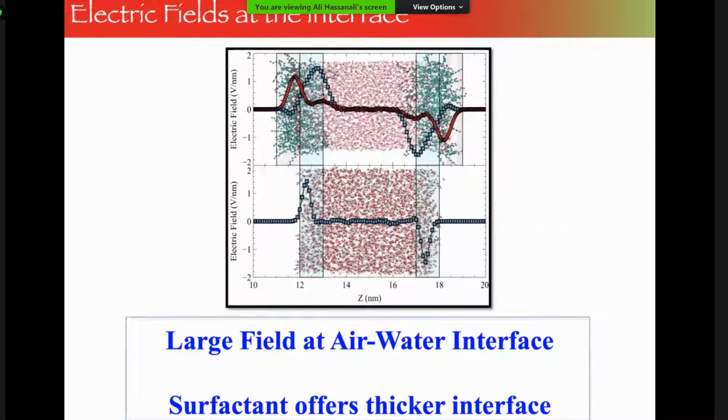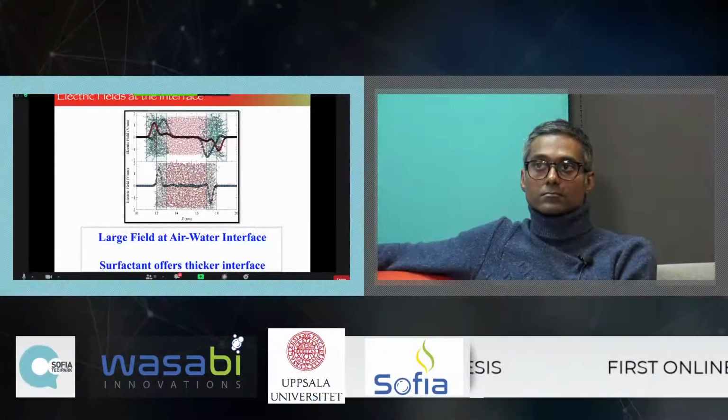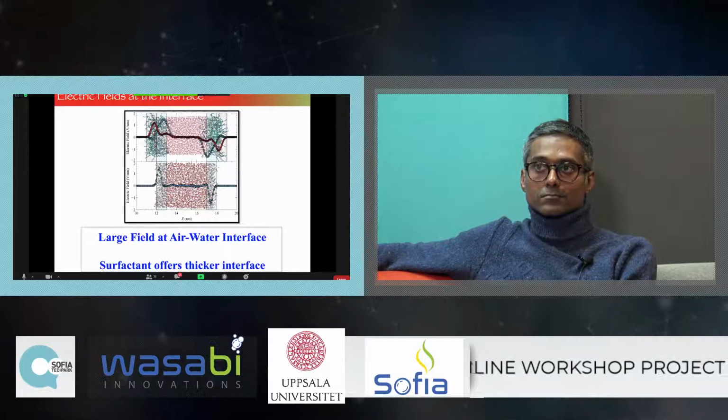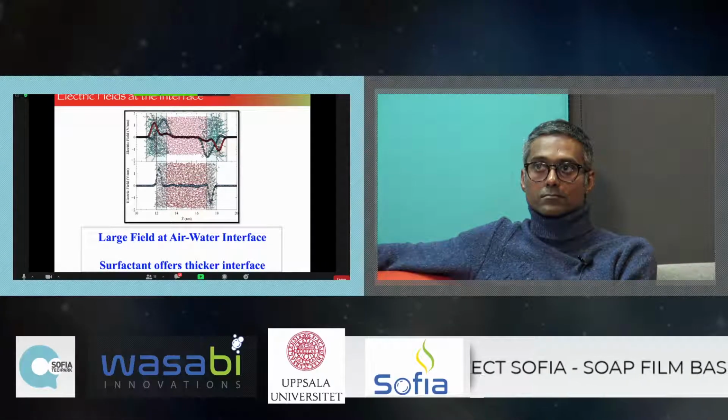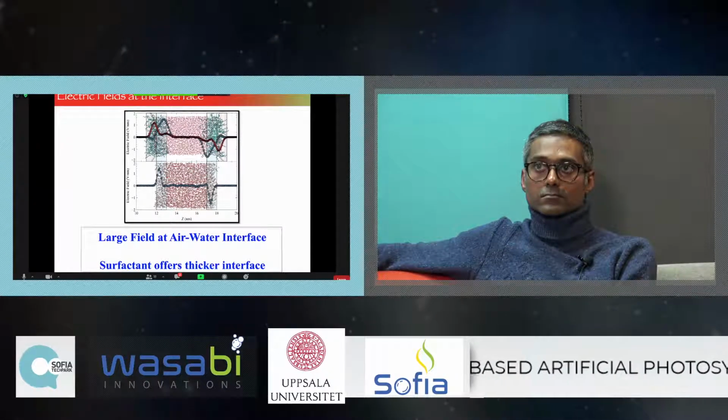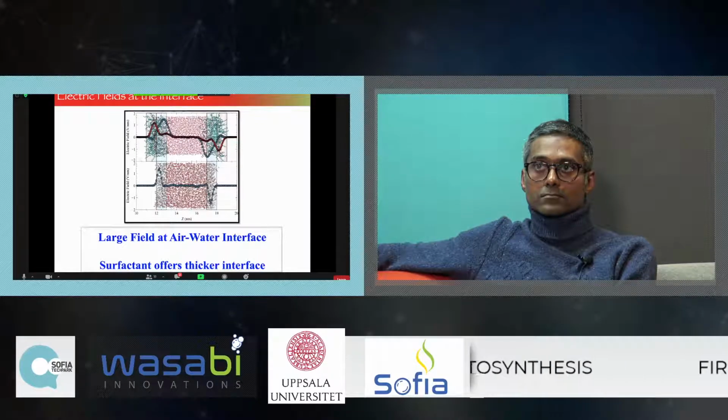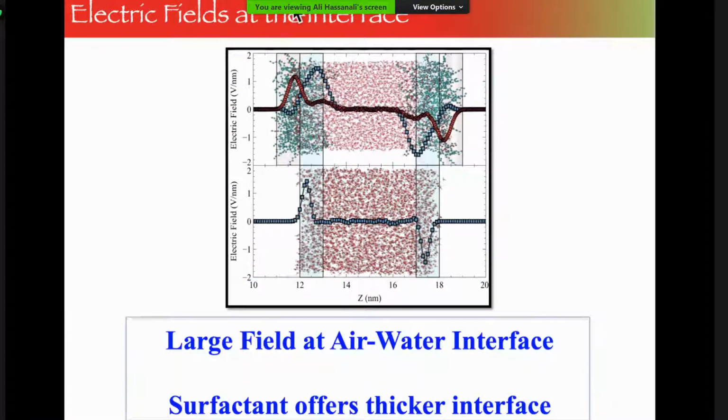Okay, so one of the very interesting things that we've learned from these simulations, given that we have a net orientational polarization and a very dynamically correlated surfactant, is that this implies the presence of large electric fields at the interface.